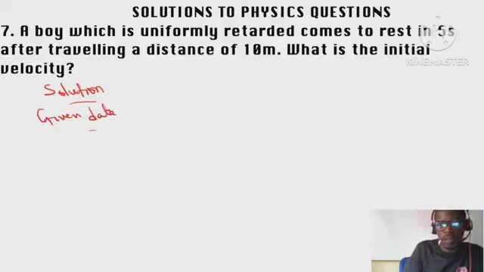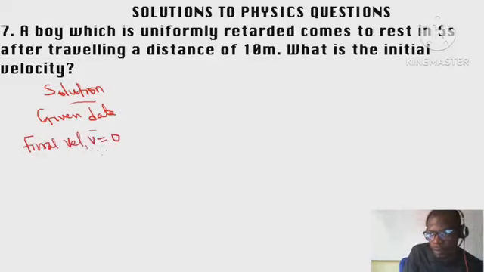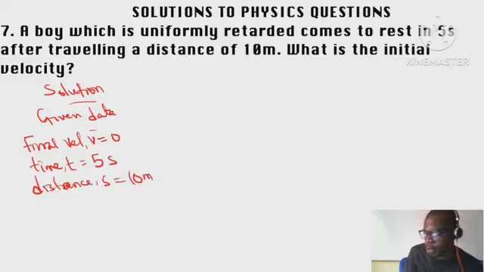The information we are given is that the boy is uniformly retarded, and since we are told that it's uniformly retarded, it means that the final velocity v equals 0, because it's uniformly retarded to rest, and the time of retardation is given as 5 seconds, and the distance x the boy travels is equal to 10 meters.